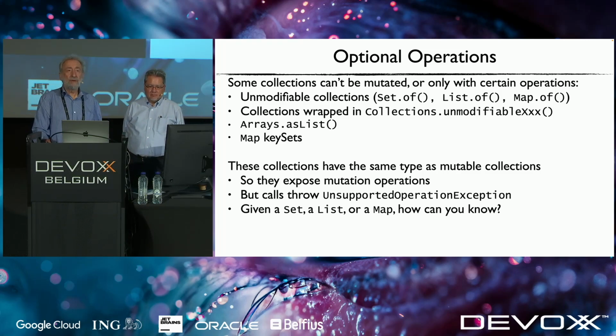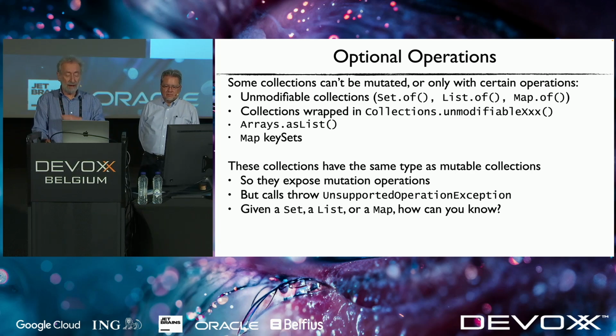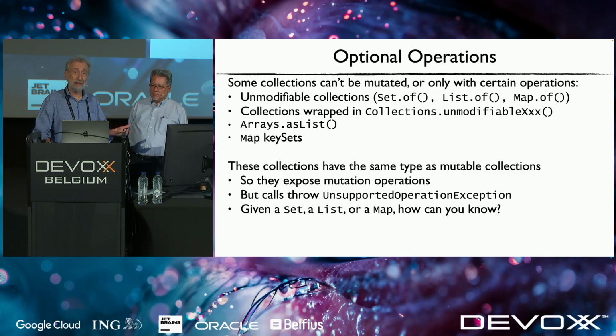So we don't have any of those. We just have set, list, and map. So these things expose the mutation operations that in some cases they can't actually implement, and they throw an unsupported operation exception. And people complain that when they're given one of these things, a set or a list or a map, how do they know what they can do with it?